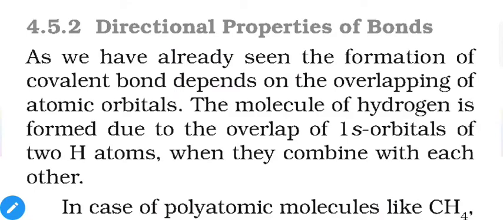Directional properties of bonds. As we have already seen, the formation of a covalent bond depends on the overlapping of atomic orbitals. As mentioned in the previous point, orbitals are not rigid, they are not like solid spheres, but they are like clouds. That means we can assume them as a cloud of gases, so we can mix two different clouds with each other without any problem.